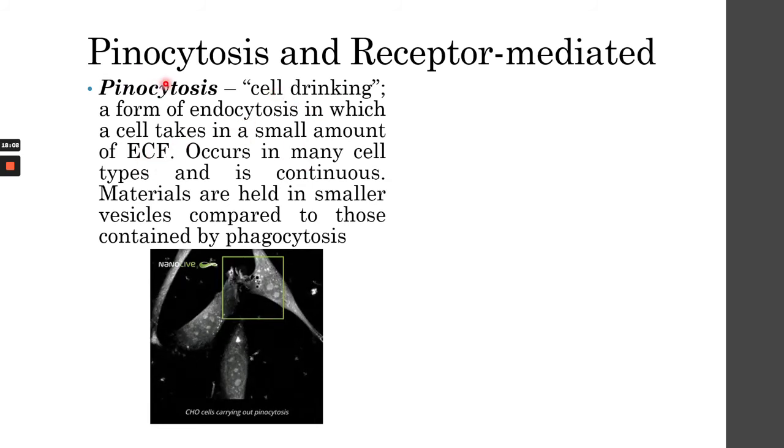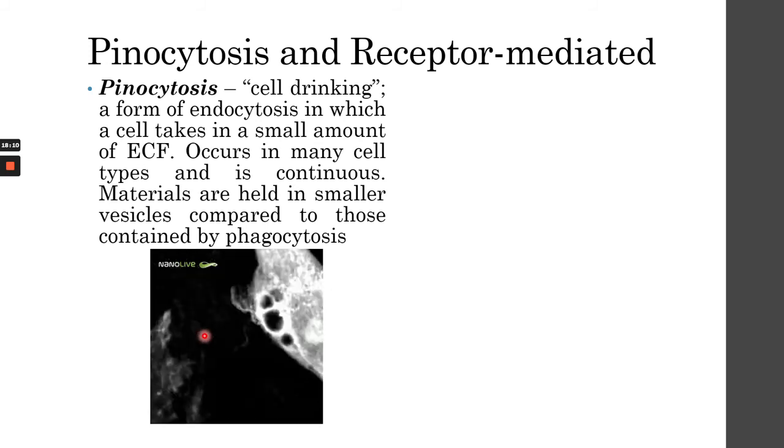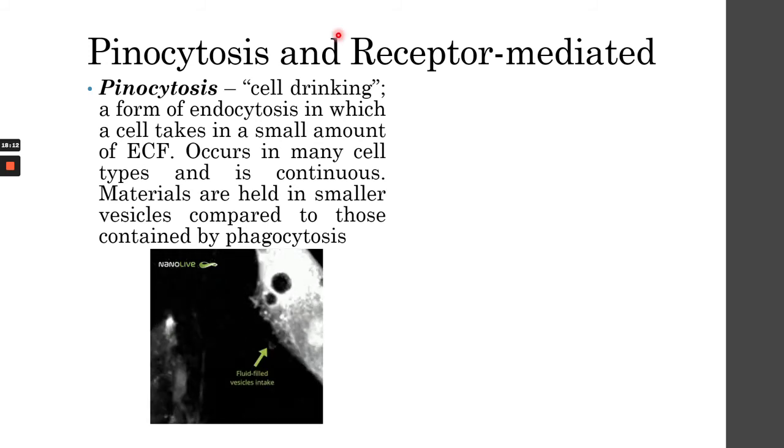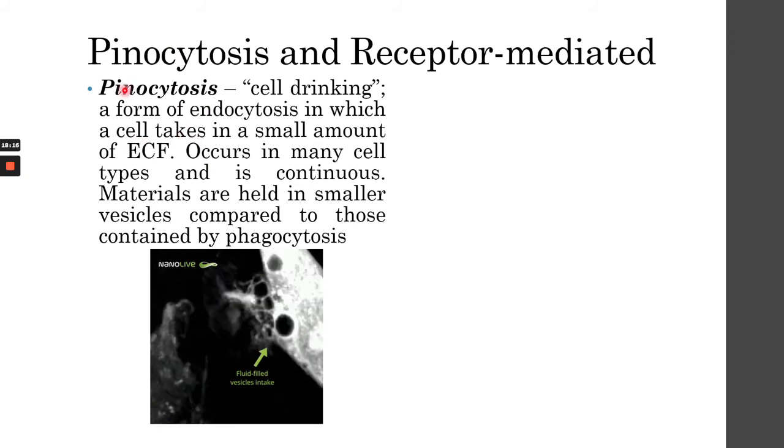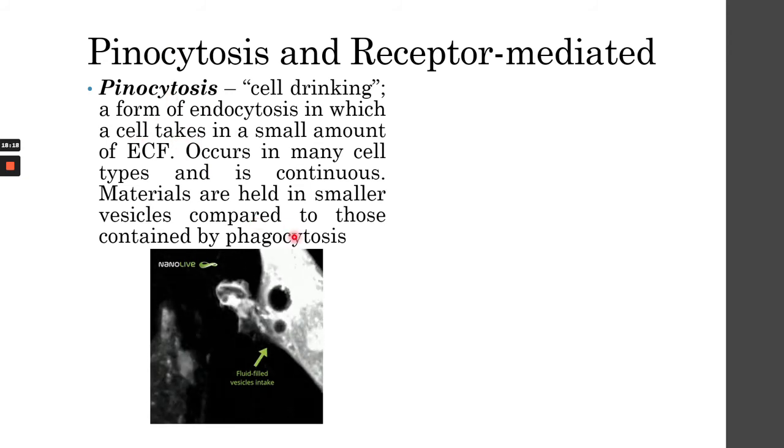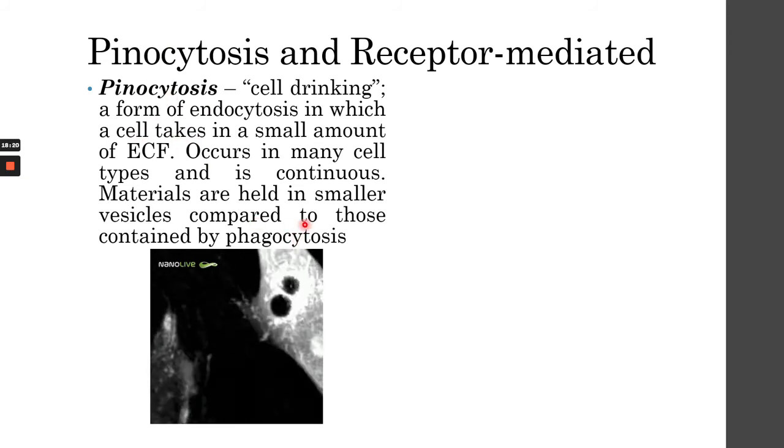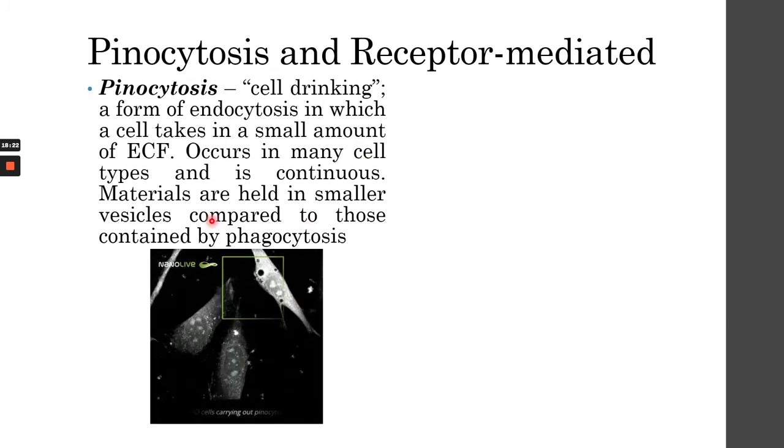So this is called pinocytosis. So the difference is that pinocytosis is engulfing materials with ECF, and they're usually a lot smaller, while phagocytosis is engulfing larger materials, but both happen into the cells.